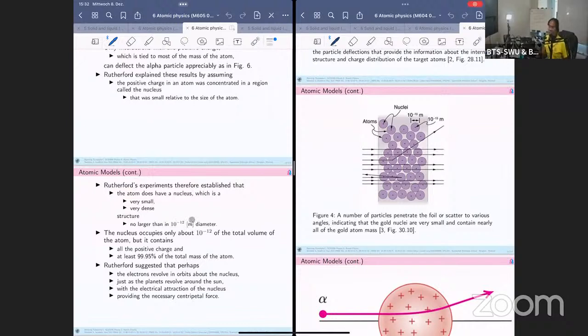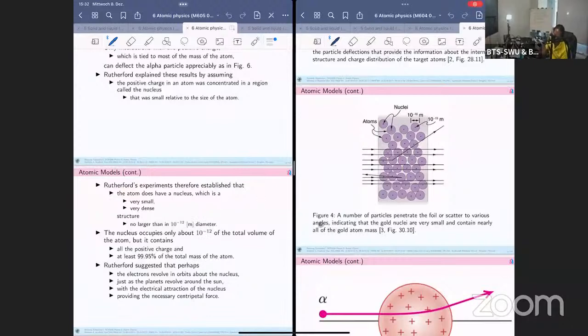What is that? 1/100, 1% of the whole size of the atom. The nucleus will possess only 1/100. Assume that an atom is of the size 10 to the negative 10 meter in diameter.